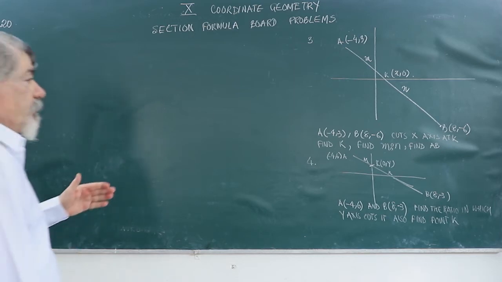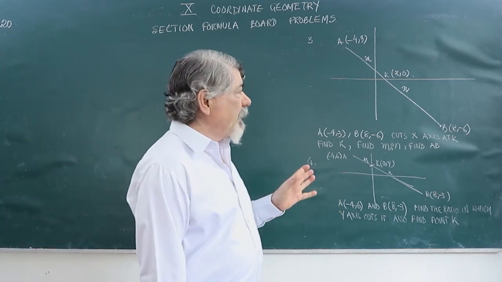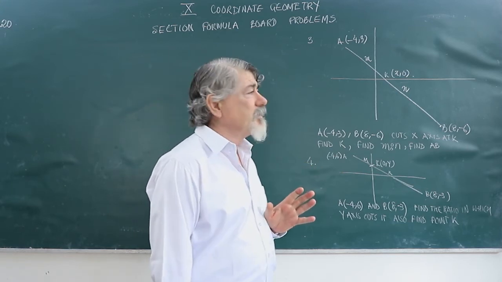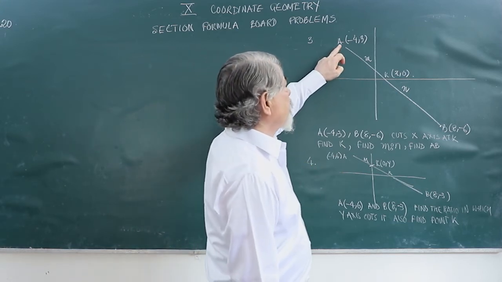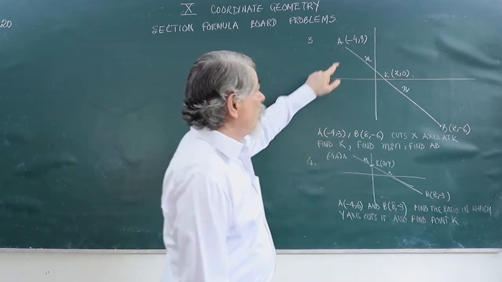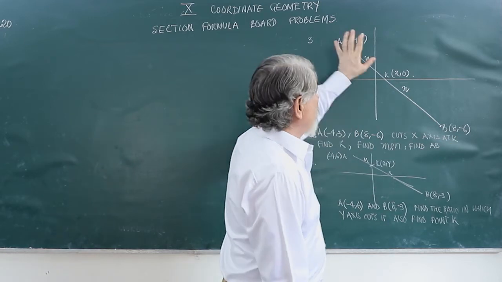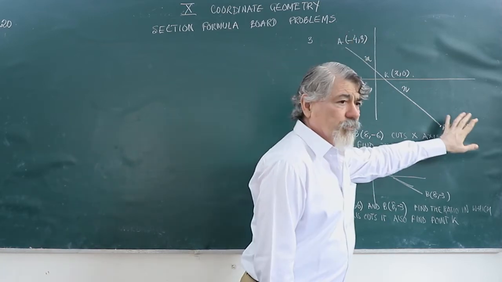Okay, these question number 3 and 4 are similar kinds of questions. Exactly similar, there is not much difference. In question number 3, he says AB is any line segment. The end coordinates are A minus 4, 3 in the second quadrant and B 8, minus 6 in the fourth quadrant.